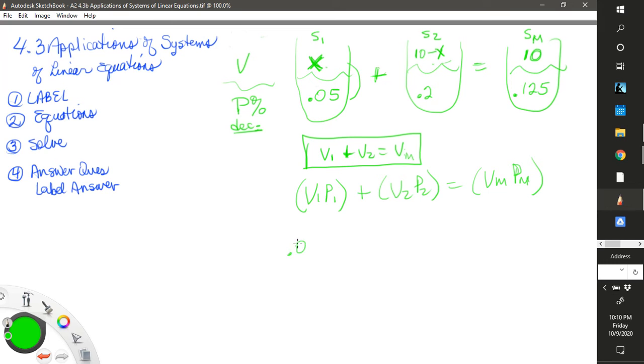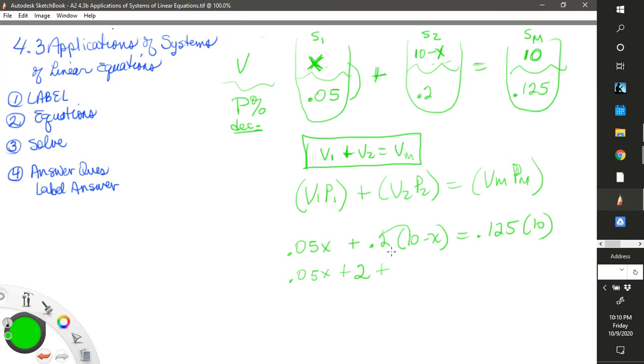So 0.05 times X plus 0.2 times 10 minus X equals 0.125 times 10. Okay, when we multiply that out, we're going to get a 0.05x plus the 2 times, that's going to be the whole number. 10 times 0.2 is going to be the whole number 2, move that decimal one place. 2 times 10, and then we do a 0.2.